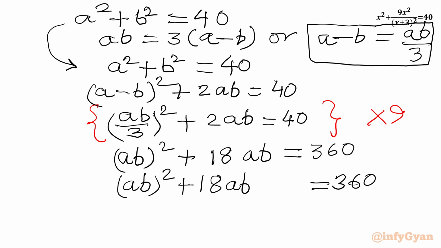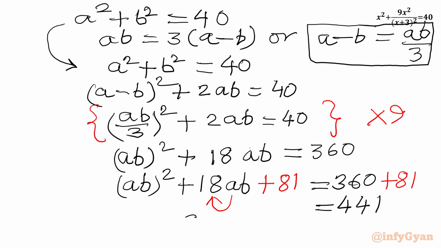I will use the completing the square method. Here we have 18 as the coefficient of ab. Half of 18 is 9. Square of 9 is 81. We will add 81 to both sides. Now 360 plus 81 will become 441. So on the right hand side we will write 441.